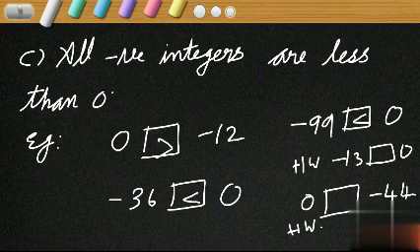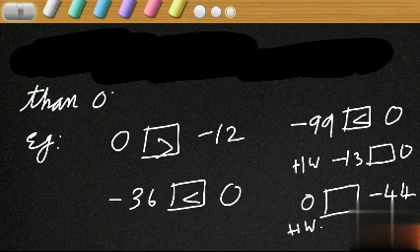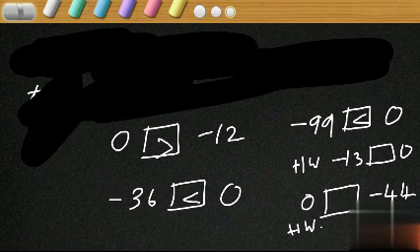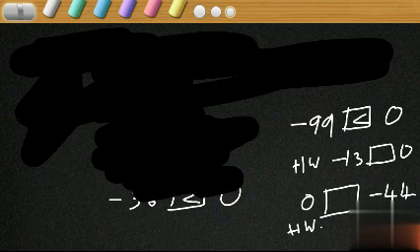Let's move on to session 4. What will be the next session? Now we have compared the 0 and positive integers, 0 and negative integers, and what comes next? Yes, next our session D. Write down. D, write down.